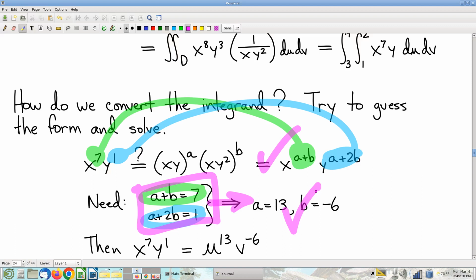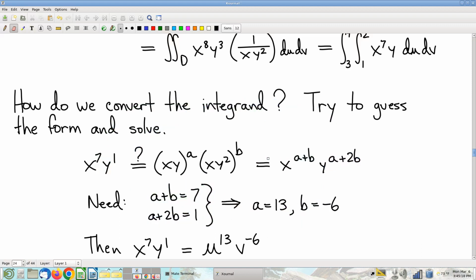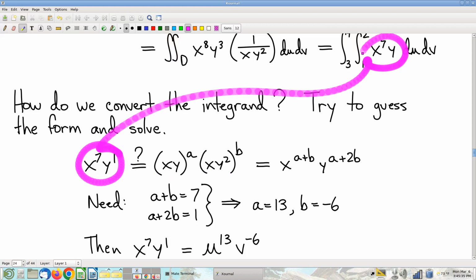Yes? So when we split it, the splitting up of x and y, was that arbitrary? The what now? Splitting up of x and y into that product. I'm not following. Like when we went from x to the 7th to xy to the a. This? Yes. Was that split up arbitrary? No. This is my integrand, so that's what I really need to understand, right?